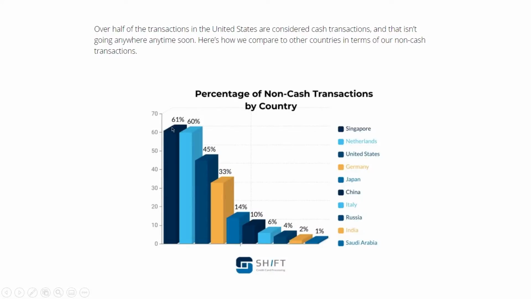Another thing in competitive advantages, if you see the non-cash transactions, these countries, Singapore and Netherlands, are quite high. But if you see the US, Germany, and here are the rest, there's still plenty of room for transactions to go from cash to non-cash.